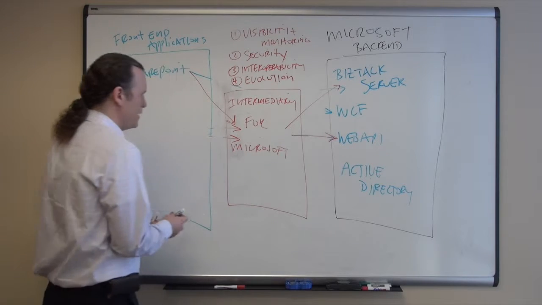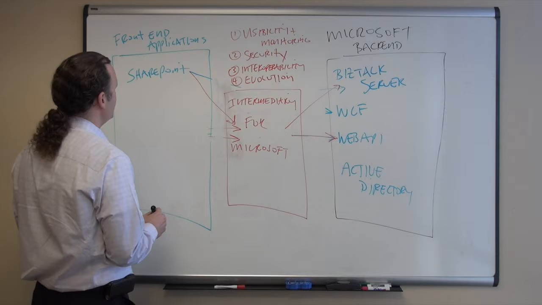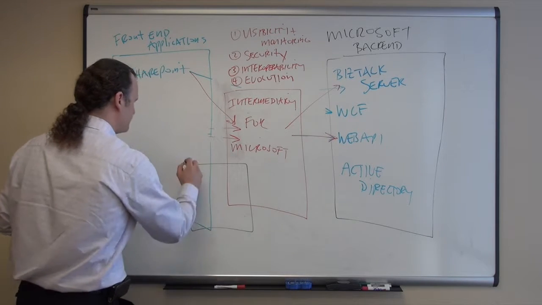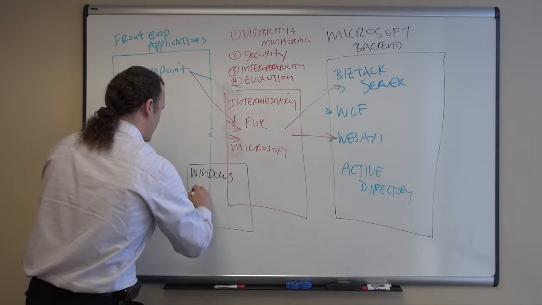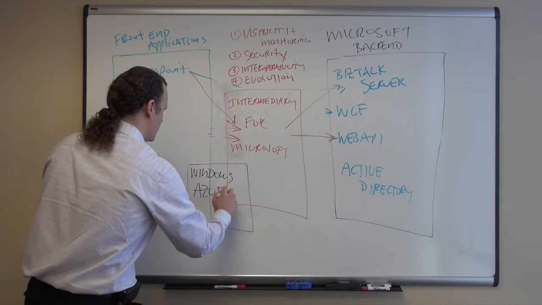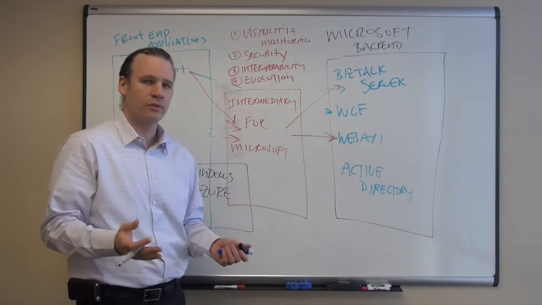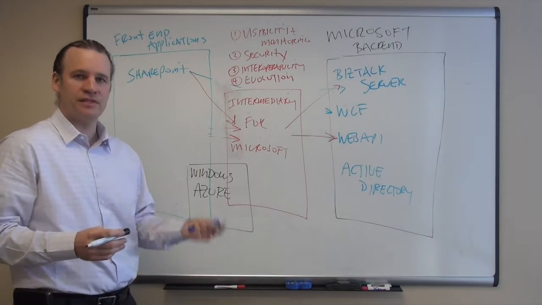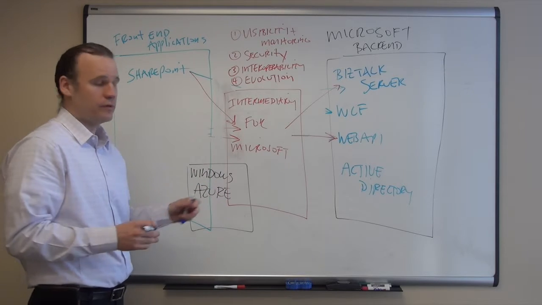Intermediary from Microsoft can natively integrate with Windows Azure. So I'm going to squeeze in Windows Azure over here in black. I think everyone's familiar with Windows Azure. This is Microsoft's cloud computing infrastructure deployed to data centers around the world with a lot of great aspects in terms of scalability, in terms of accessibility, and so on. So Windows Azure is a great place to host your APIs.